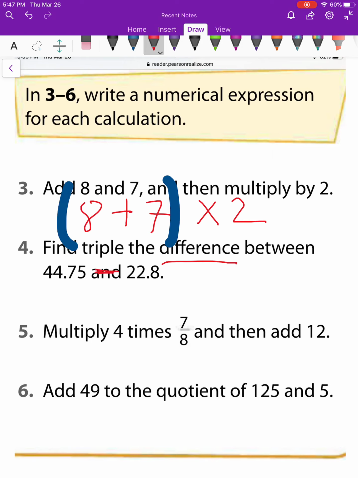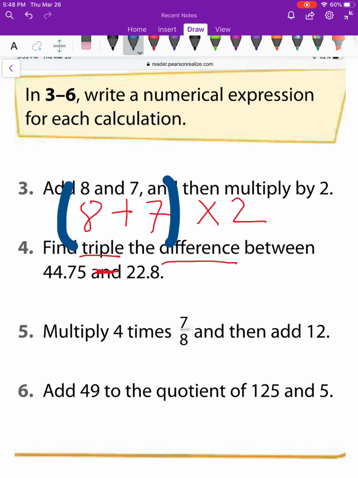Find the triple means 3 times, so I have to multiply 3 times the difference between 44 and 75 hundredths minus 22.8, and let me write it more clearly.